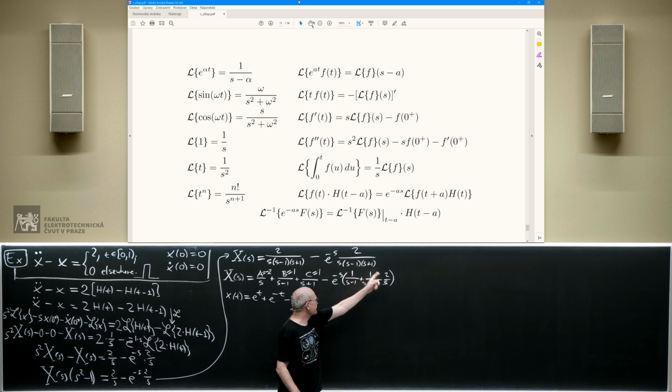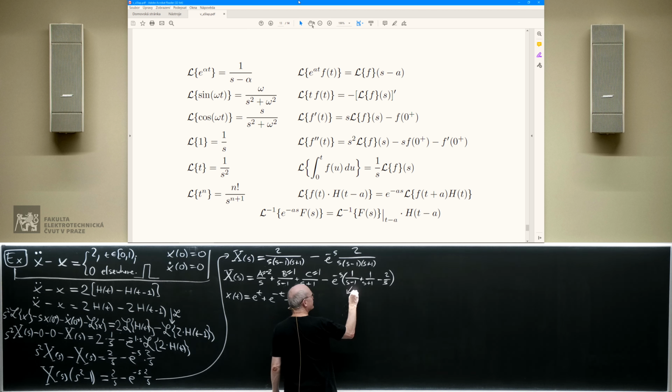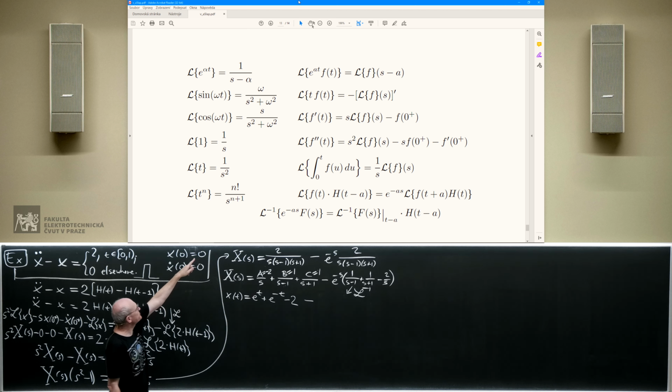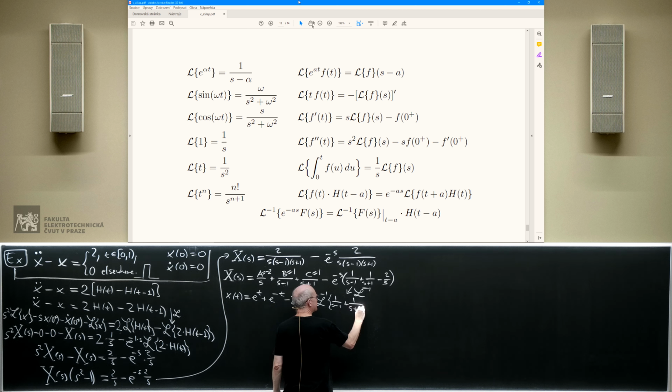But here we have to do some work, because I can see those factors, but there is also extra exponential in it. So when I'm applying the inverse Laplace transform, going this way, I have to use the special rule, which we can see in the last line. So I would have to actually do the inverse Laplace transform of 1 over s minus 1 plus 1 over s plus 1 minus 2 over s.